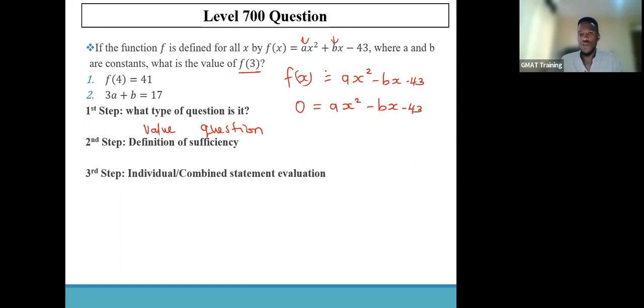So for us to find the values of the unknown, we can try and substitute f of 3.